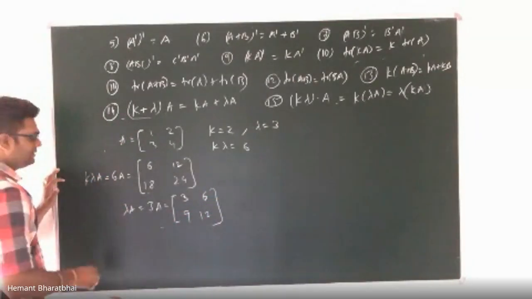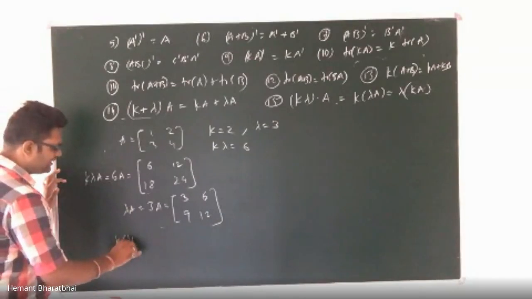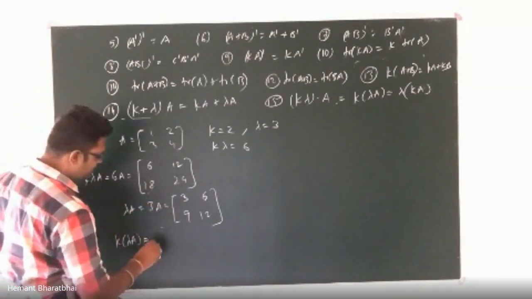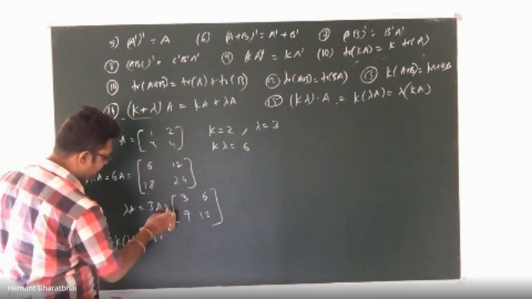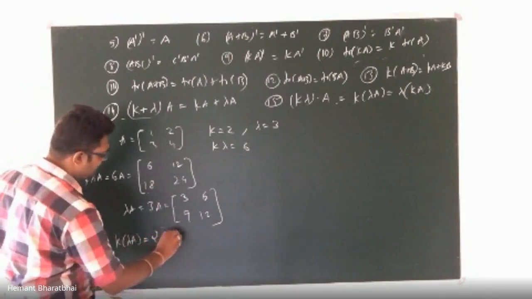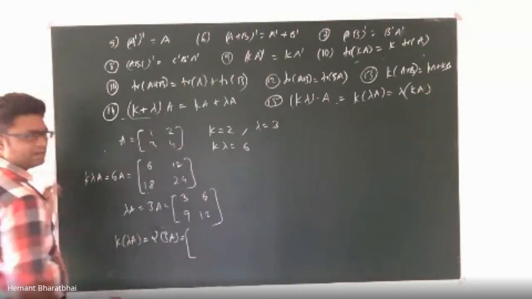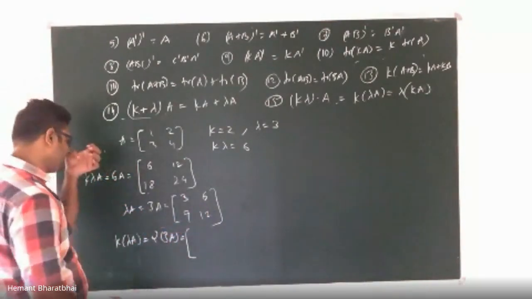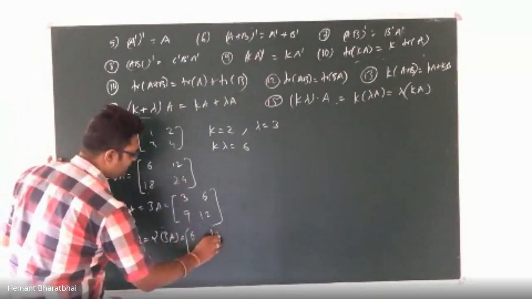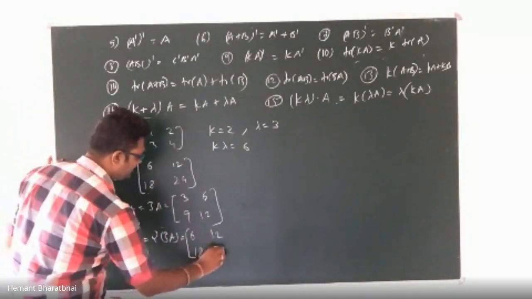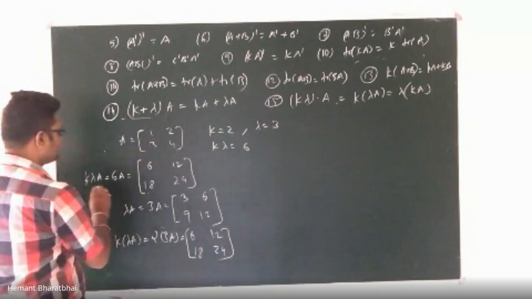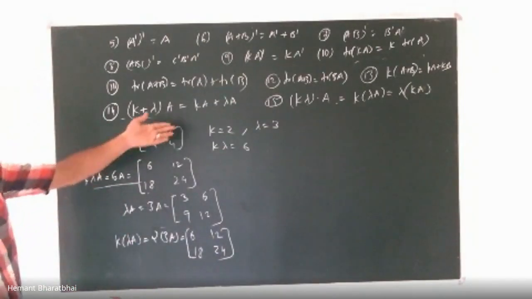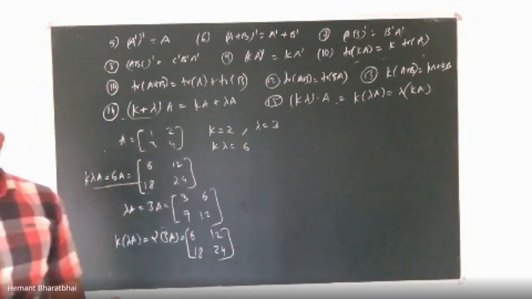Okay, then K into lambda A. So that will be nothing but 2 into 3A matrix. This is my 3A matrix. I'll multiply it by 2. So this will become 6, 12, 18, 24. This is exactly the same. Okay. So my next property also gets proved.